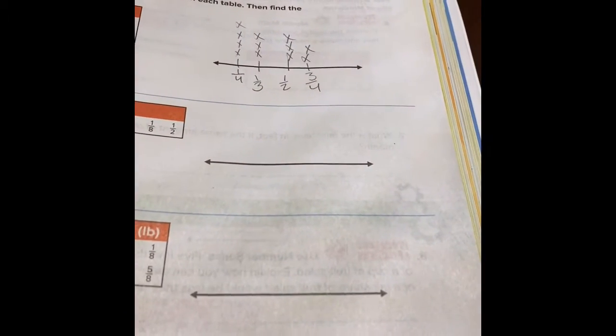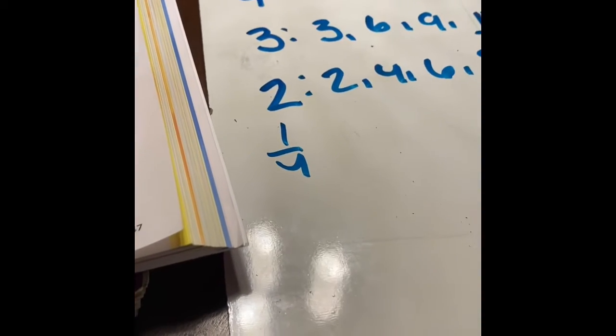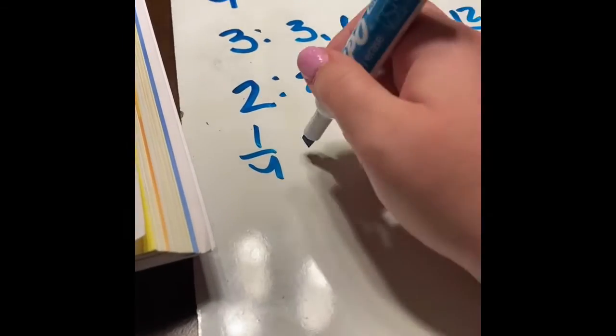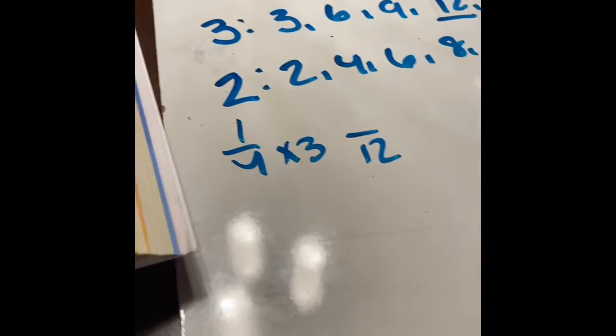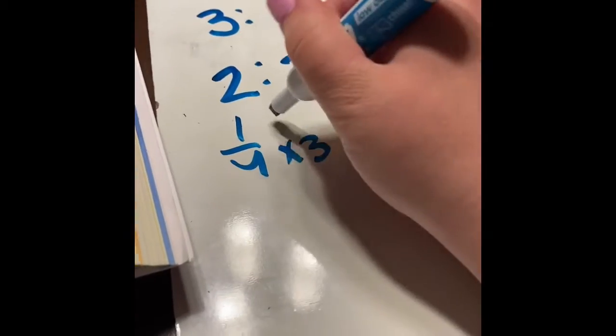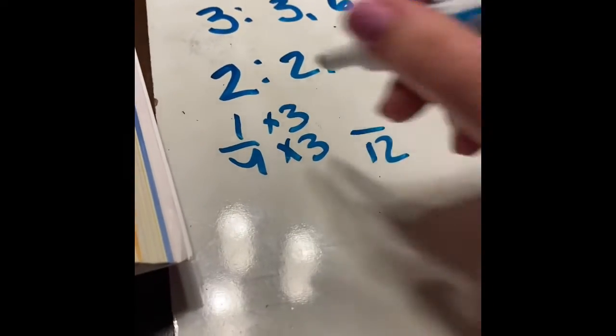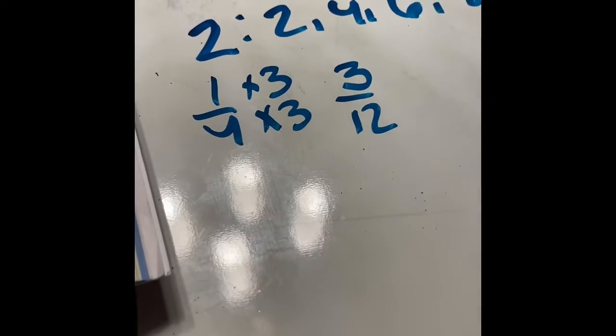So let's start with 1/4. I need to multiply 1/4 by 3 to make it have a denominator of 12. Whatever I do to the bottom, I do to the top. So all my 1/4s are now going to be 3/12.